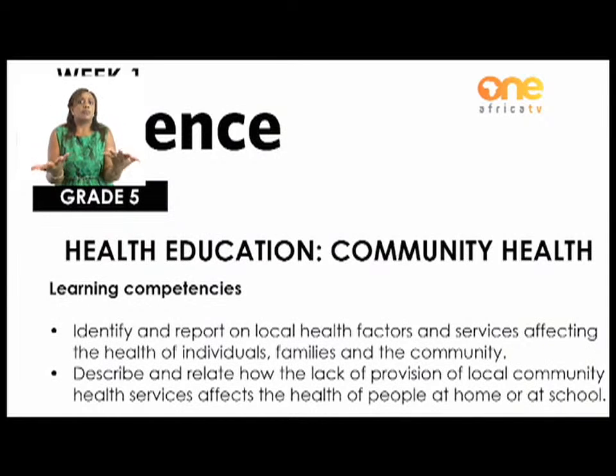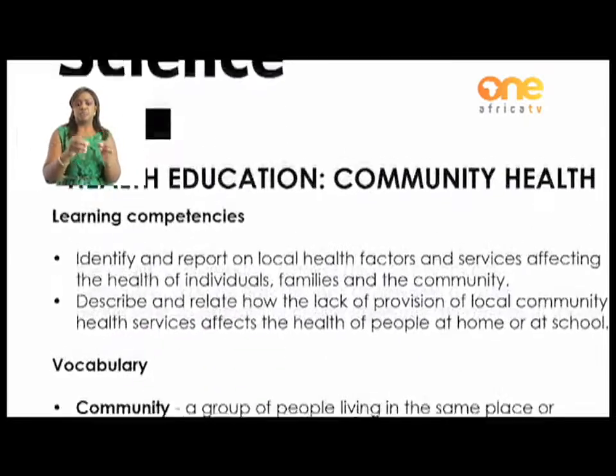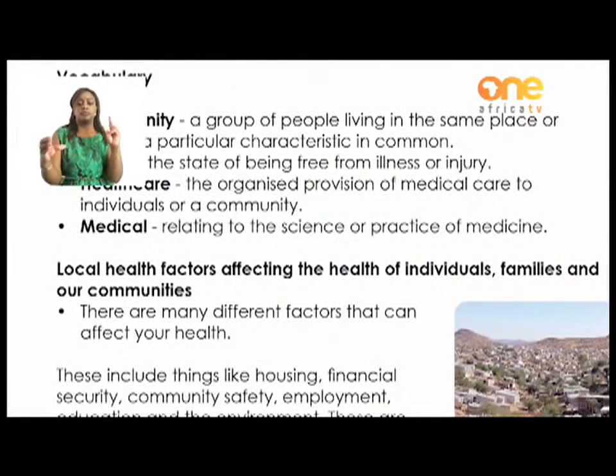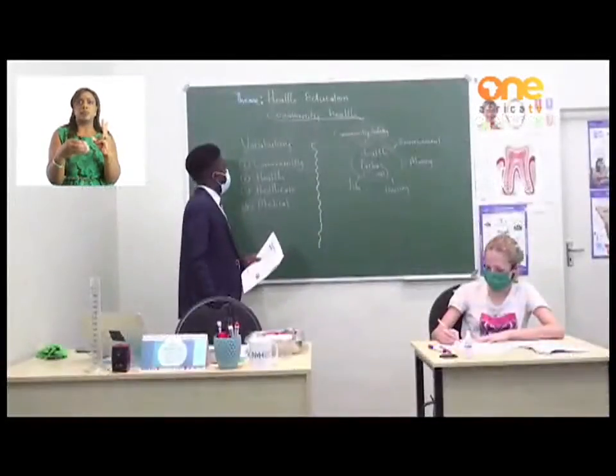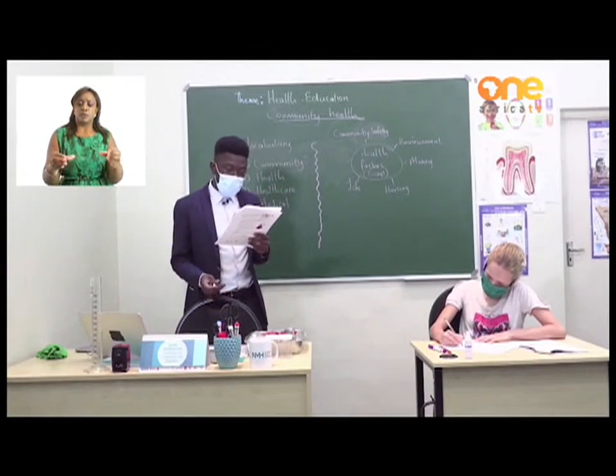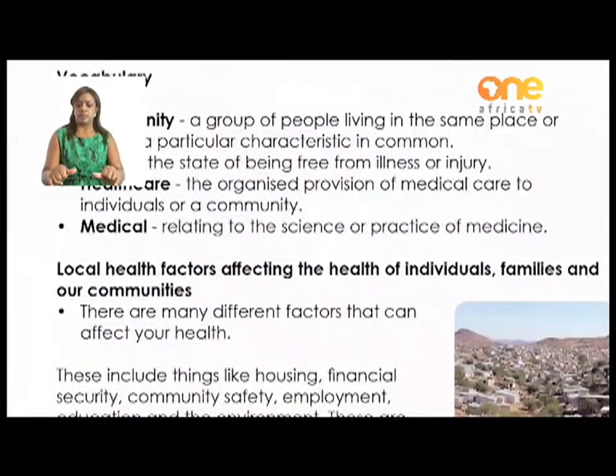Right. To understand our basic competencies, we'll begin by pinpointing or picking out the difficult terms that we might have problems with. We'll begin with the term community. It says here, a group of people living in the same place or having a particular characteristic in common. Right. What does this mean?